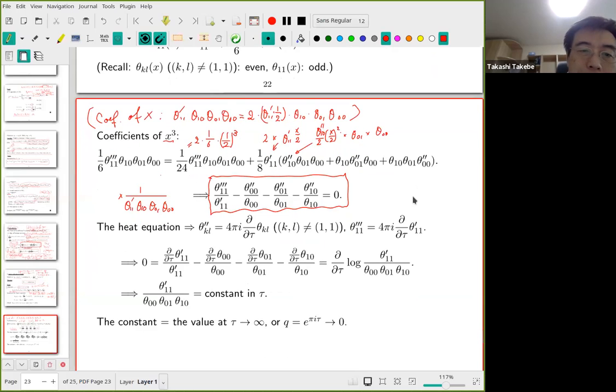And here the heat equation plays an important role. We have second derivatives of this and a third derivative, namely the second derivative of the first derivative of theta 1. So these second derivatives can be replaced with the first derivative by tau.